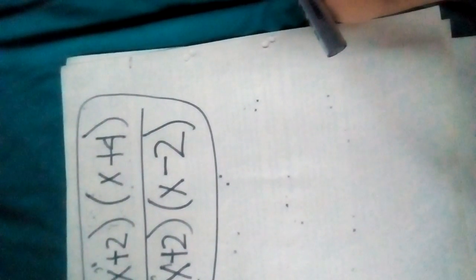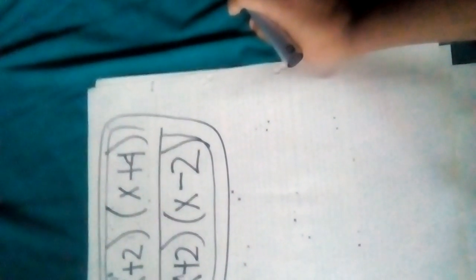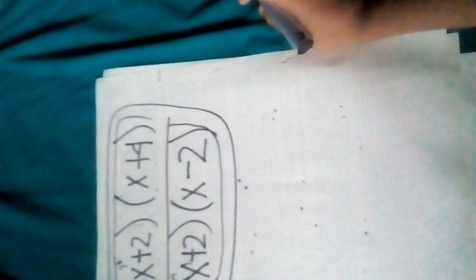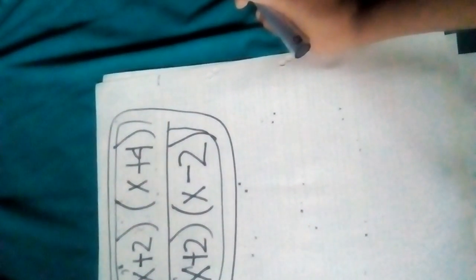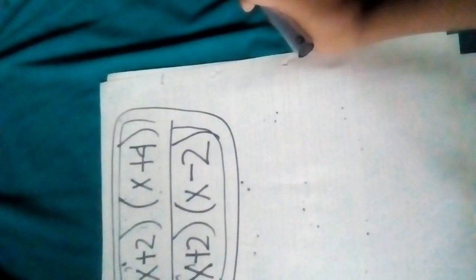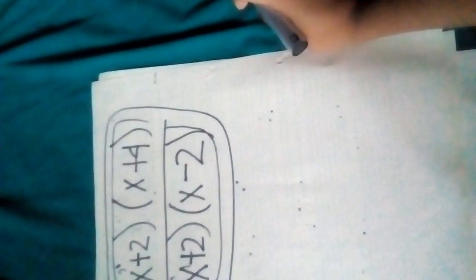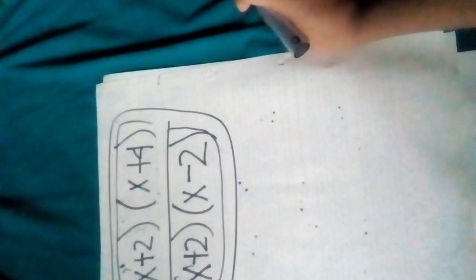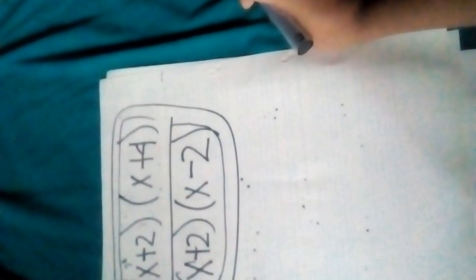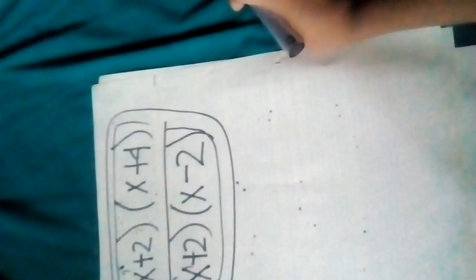According to step 1, this would be our numerator now, and this would be our denominator, which is our numerator is x plus 2 times x plus 4, and our denominator is x plus 2 times x minus 2. Now, let's proceed to step 2.